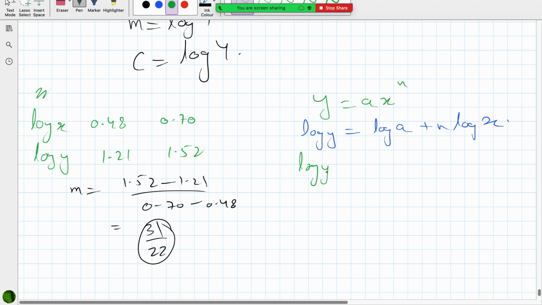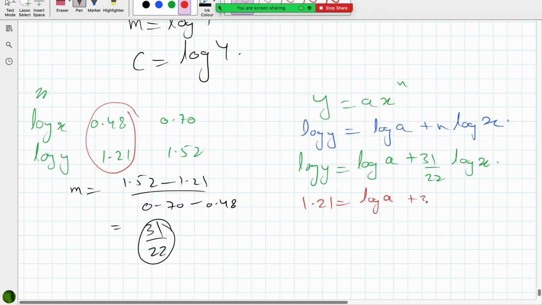So log y is equal to log a plus 31/22 log x. Any issue in the gradient? I'm using this set. Log y is 1.21, log of a is unknown, plus 31/22, and log of x at that time is 0.48.